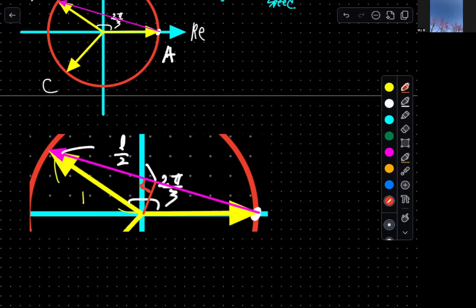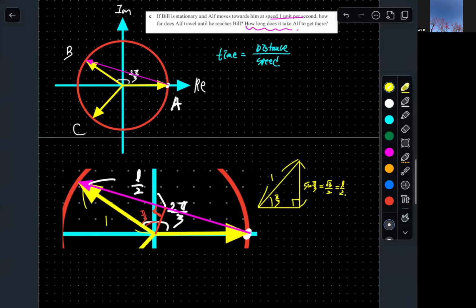Since it's an equilateral triangle, the angle here will be pi over 3. So I have a right-angled triangle like this, where this is a right angle, this is pi over 3, and this is the hypotenuse. So the opposite must be sine pi over 3, which is root 3 over 2, and that's L over 2. So you now know, therefore, the length here is going to be the square root of 3.